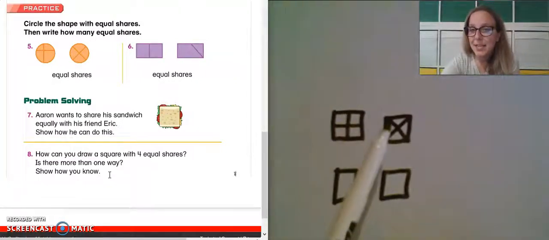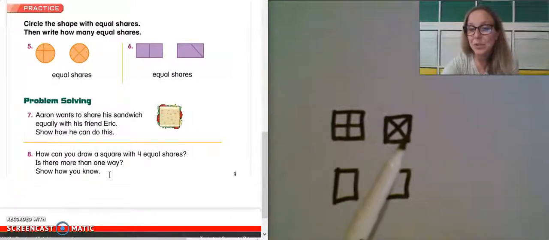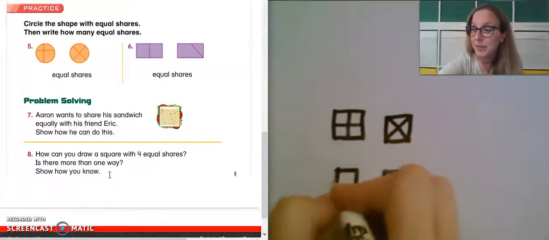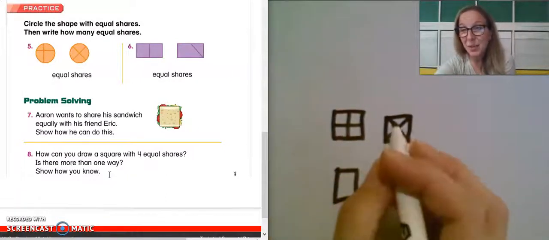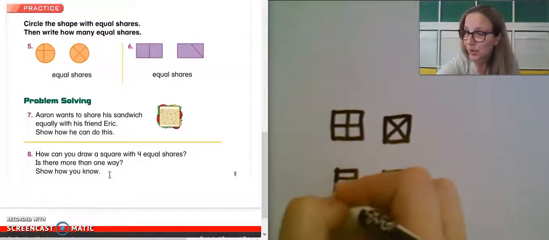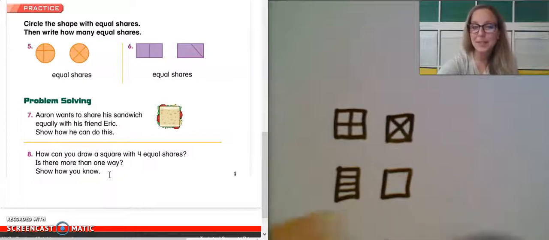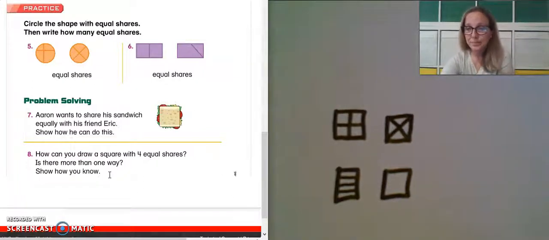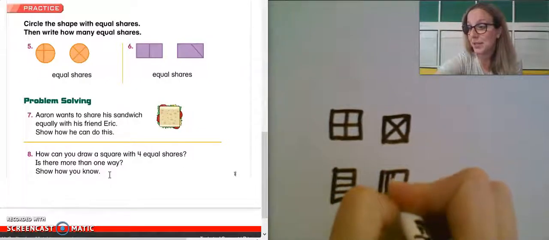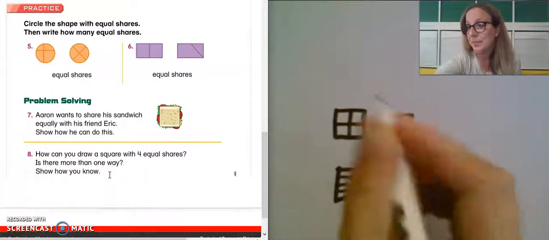Now I've divided it into 4 equal triangles. Another way that I could break my square apart would be kind of like what we did on the first page with the rectangle, where we break it into 4 equal parts this way. And we could also break it into 4 equal parts this way.